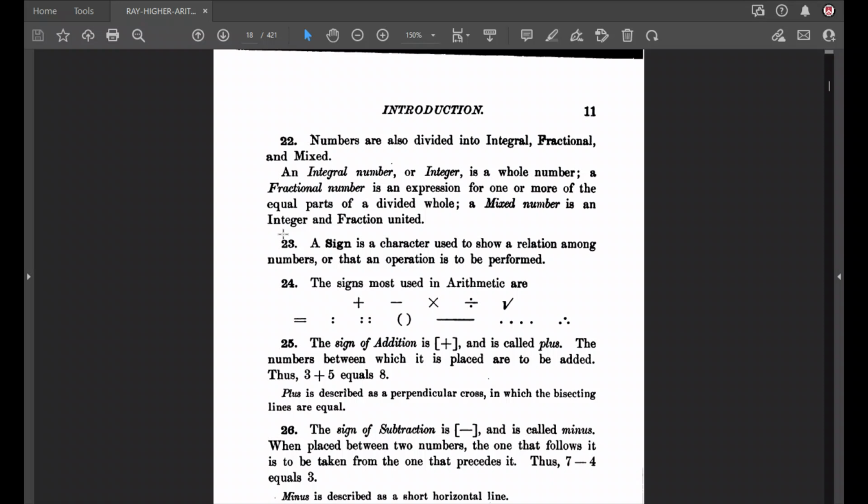That's what's taught there in Article 22. Numbers are divided into integral, fractional, and mixed. An integral number or integer is a whole number.